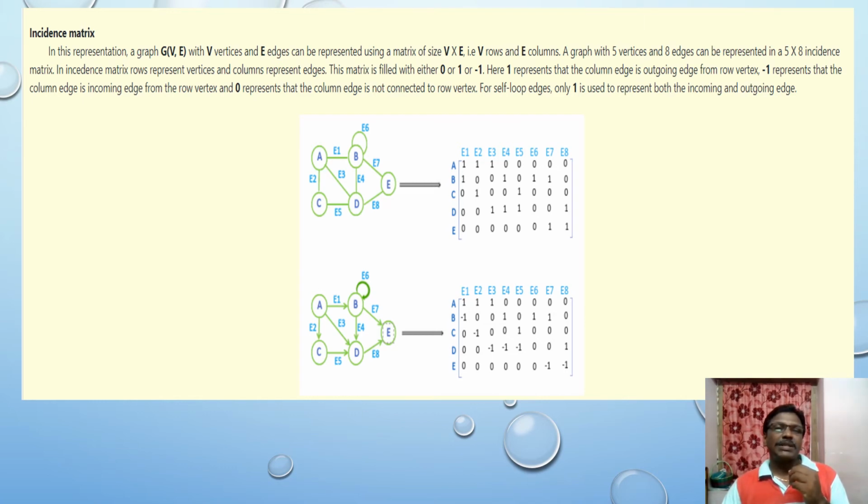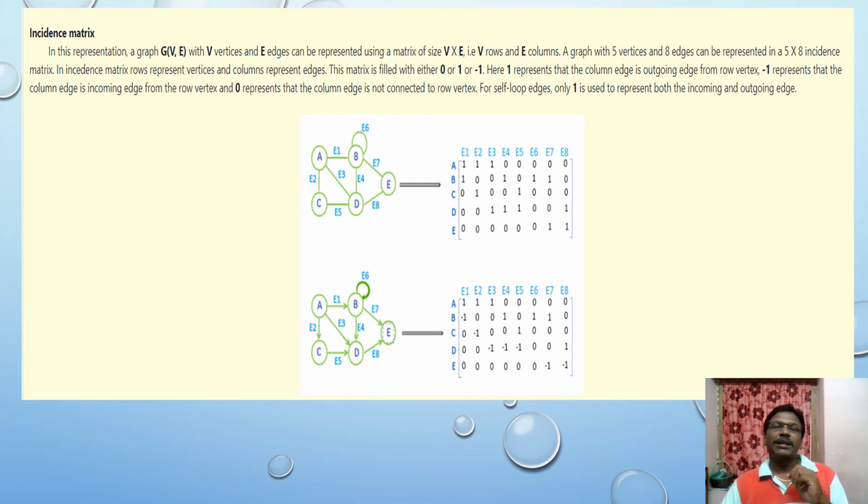And 0 means the column edge is not connected to the row vertex, meaning no connection between the two. For a self-loop edge, only 1 is used to represent both the incoming and outgoing edge. It means if any vertex has a self edge, it is represented by 1, both incoming and outgoing. Okay. Now, for an undirected graph, how to represent it?